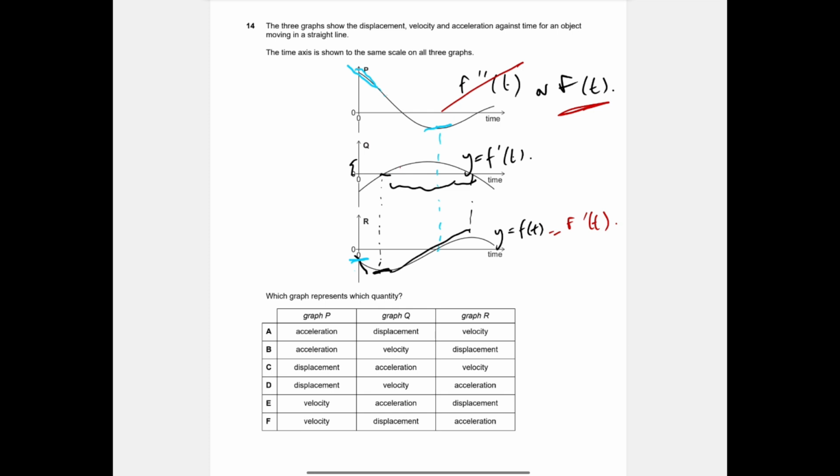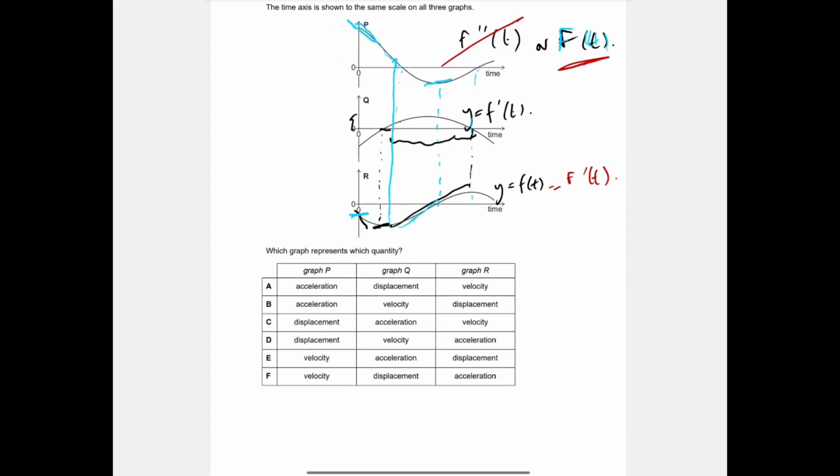So the gradient decreases till about here, gets more and more negative, and then at some point, which R predicts over here, the gradient starts becoming more positive again. So less negative until it reaches 0 over here, which is true. And then the gradient starts to increase until it reaches a maximum around here, and then it decreases again, but it's still positive. So yeah, P looks like it's going to be big F of t.